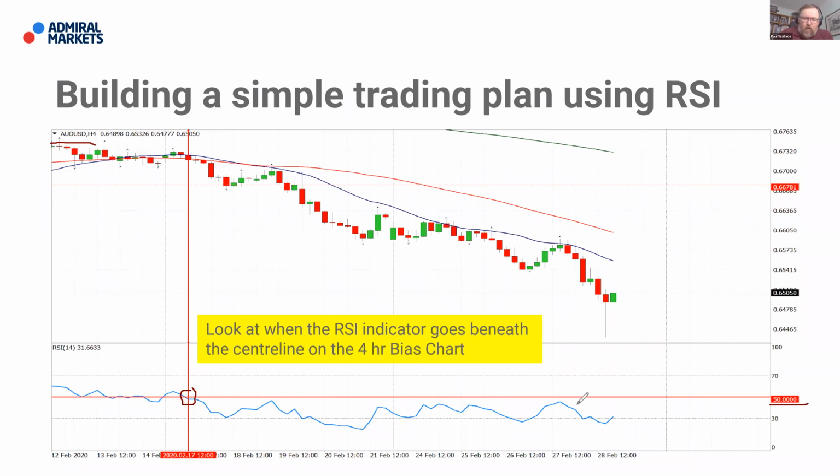I've drawn in this vertical line, apologies, just to remind me that once the indicator has dipped beneath 50, in my head I'm always looking for the bearish side. My bias, my trend direction, is to be a seller. That's what I'm looking for.